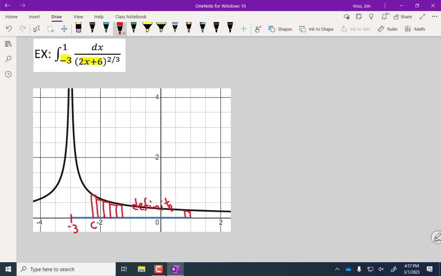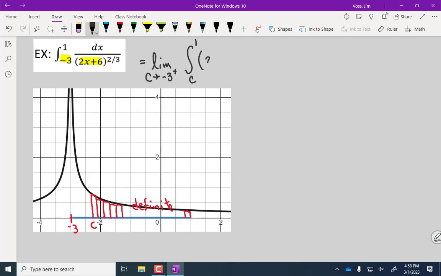And that's going to give us a function of c, and then we're going to take the limit as c goes to -3 from the right side. Now we're going to approach -3 from the right. So this will be the limit as c approaches -3 from the right, of the integral from c to 1.